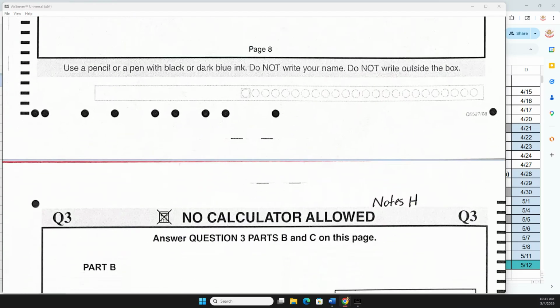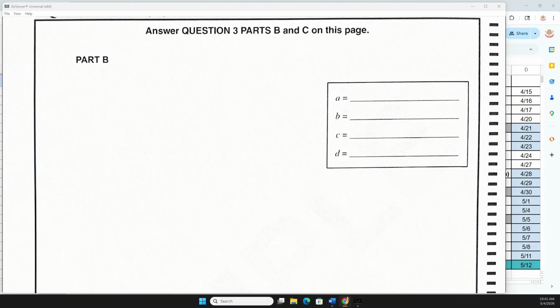Okay, so let's go to part B. Can you guys do A and D without me? Try to do A and D without me. Figure out the midline and figure out the height from the midline to the max.